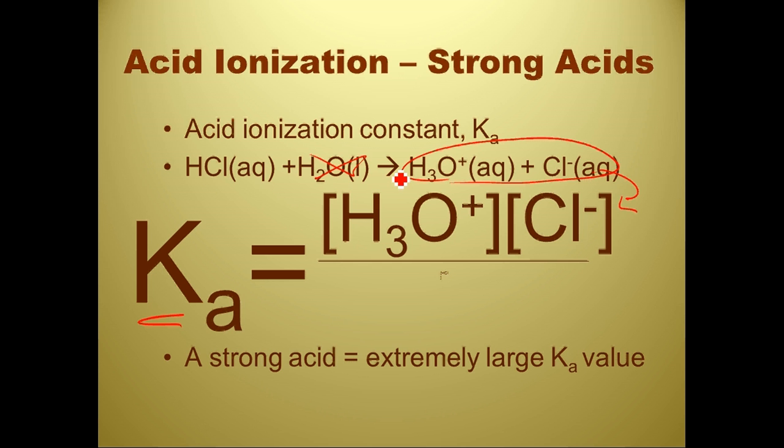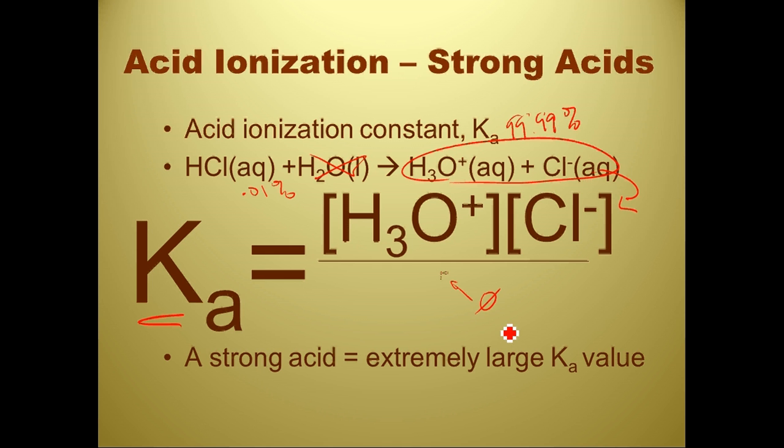So technically, you're thinking that this should be a 0, but it's not actually a 0, because in reality, they don't go completely to completion. You can actually draw a teeny tiny little arrow to the left. We talk about it being like 0.01% on this side and 99.99% being products.